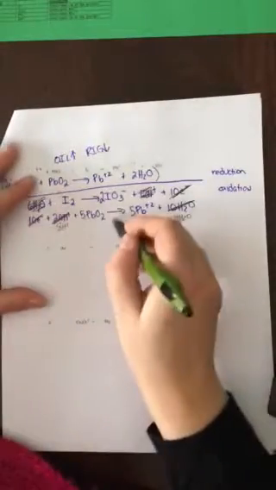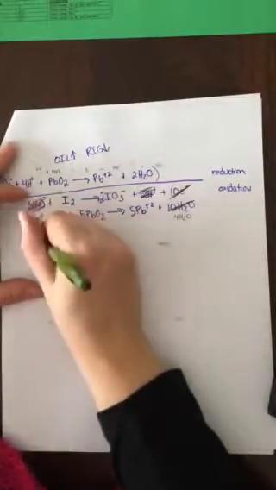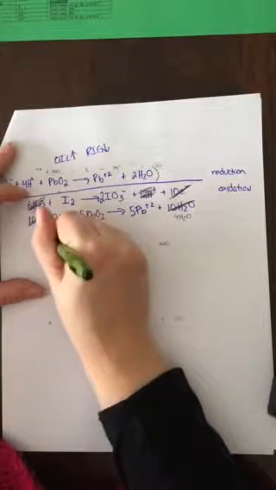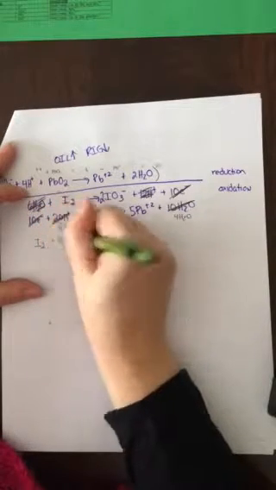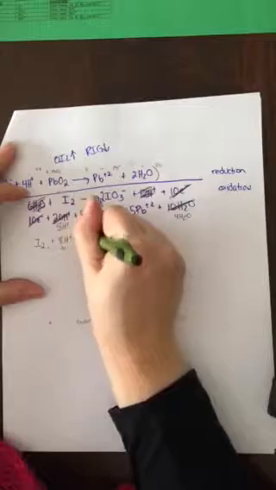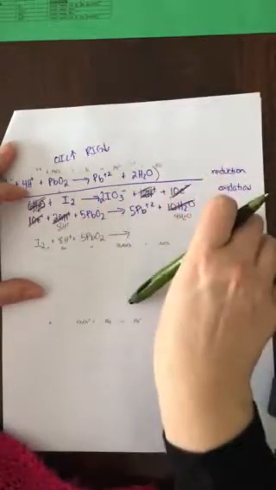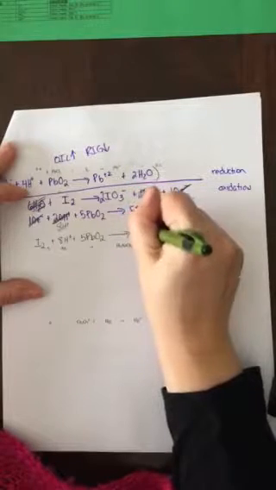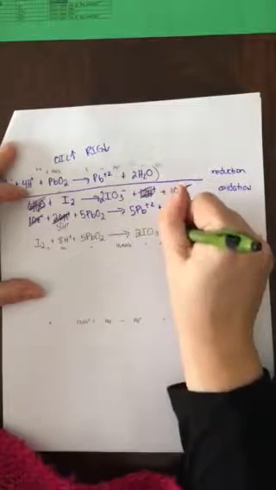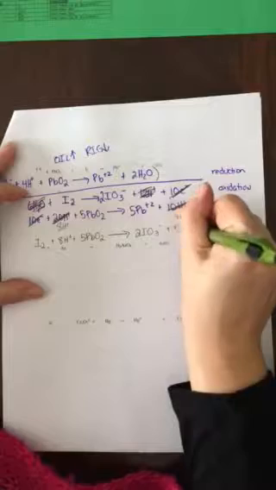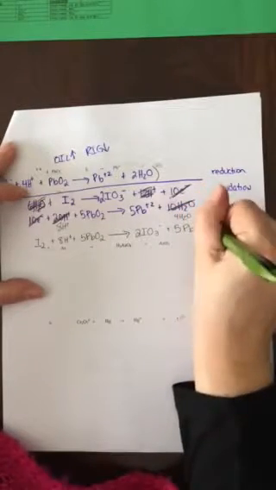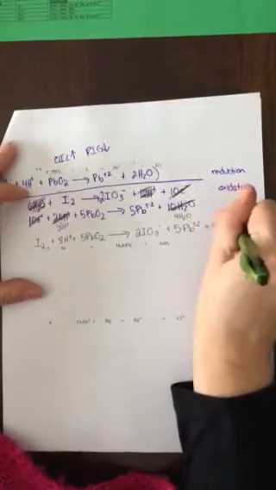So now I just have to rewrite in very nice, clear writing everything that's on the reactant side. So I'm going to write I2 plus 8H+ plus 5 PbO2. And then I write everything on the product side. So I'm going to write 2 IO3- plus 5 Pb+2 plus 4 H2O.